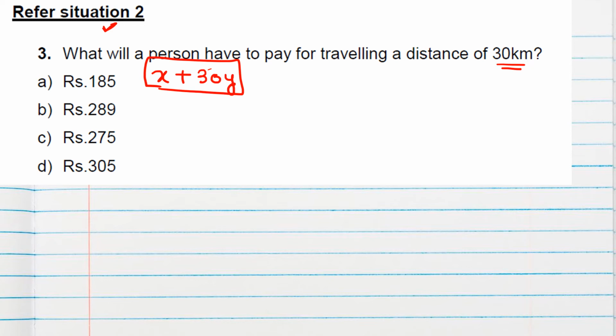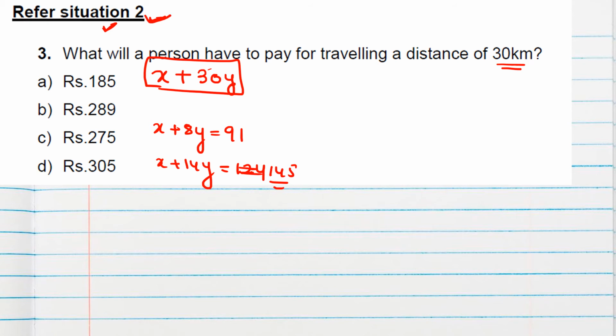Now we have to refer to situation 2. So we will write the equations of situation 2 and solve to get new x and y values. From the table, the first equation is x plus 8y equals 91 and x plus 14y equals 145, referring to the table of situation 2.